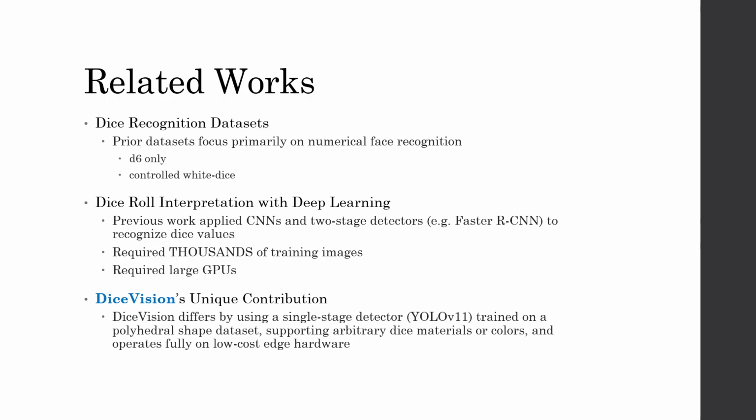Thus, I required for DiceVision a simple overhead light and whatever dice you wanted to use. Most of the other works were not intended for edge device deployment either, so their models are also more computationally expensive. DiceVision differs by using a single stage detector with the YOLO V11 backbone.